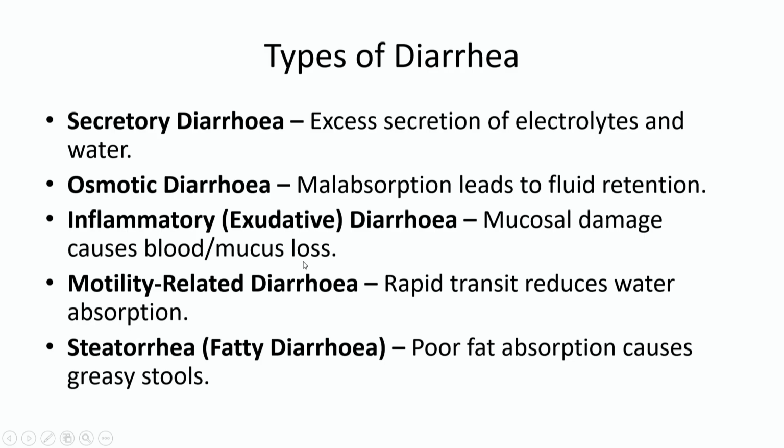This is also not good. And motility related diarrhea: rapid transit reduces water absorption. If your motility is very high, hypermotility of the intestine, water is not getting time to be absorbed, so there will be diarrhea. And fatty diarrhea: poor fat absorption causes greasy stool, that is called steatorrhea.